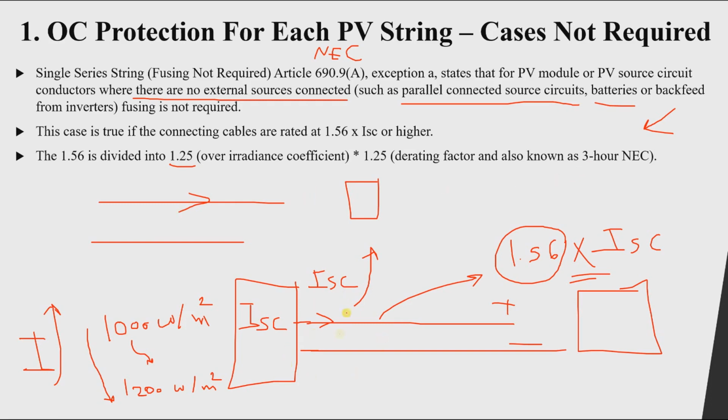If you look at the PV system here, of course the current will go through this cable more than 3 hours continuously. That's why you have to derate our cable by 80%.